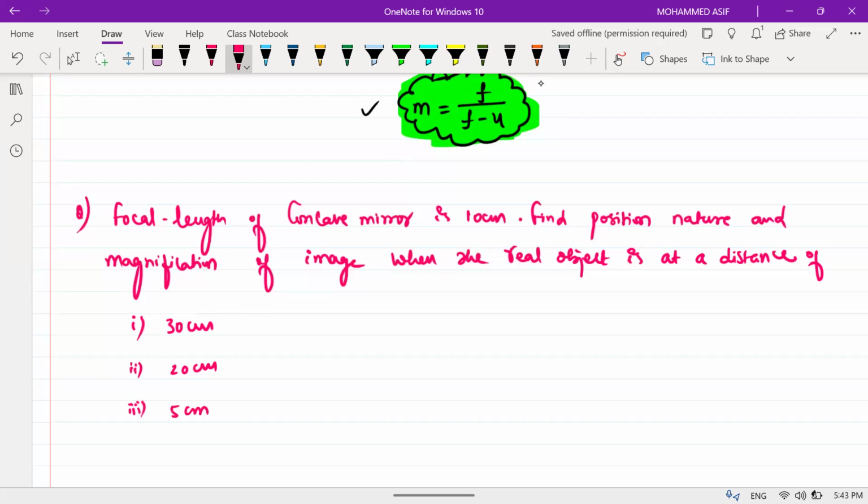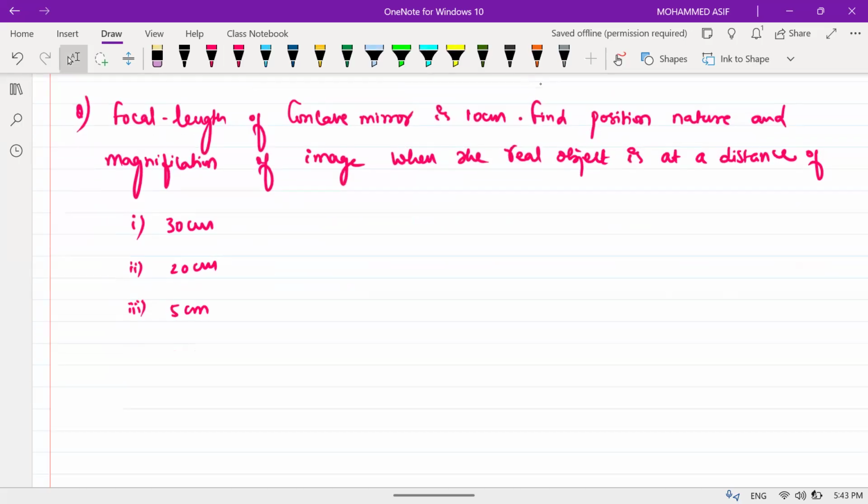For these three cases, we need to calculate all the conditions. I'll do the first one, the remaining you try to do.